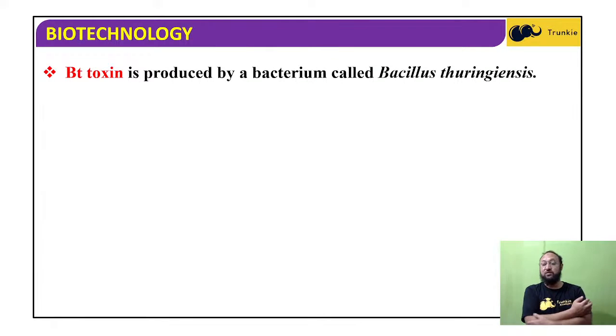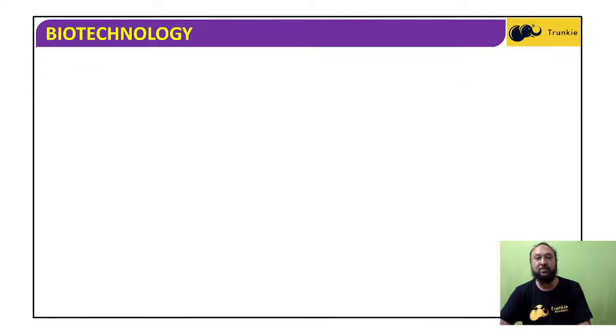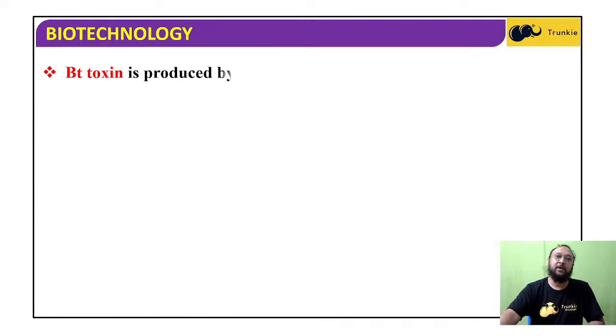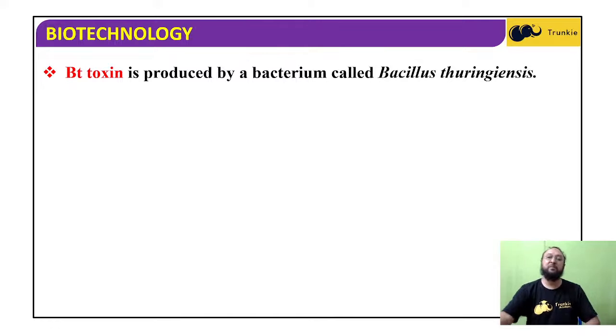Bt toxin, that means what is the thing that made this pest die? A kind of toxic substance is released, and that causes the death of the pest. So here you must understand that Bt toxin is produced by a bacterium called Bacillus thuringiensis.